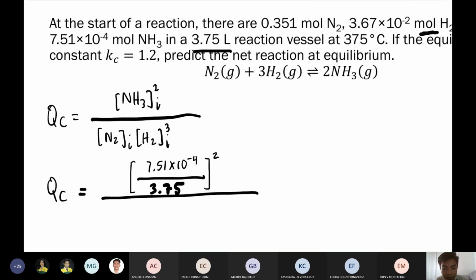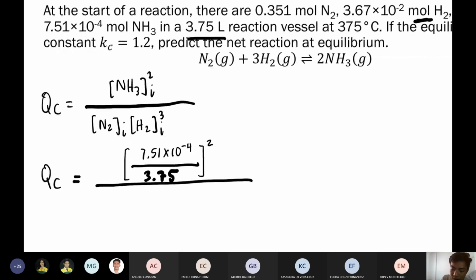Para yung calculator na yung bahala. Kasi kapag sinolve mo yan separately yung concentration nila, ang problema doon is baka mag-round off tayo masyado. Nawala na yung digits natin dahil sa pag-round off. So, i-plug in mo na lang yung moles and yung volume. So, dividing moles by the volume, you get molarity for ammonia.